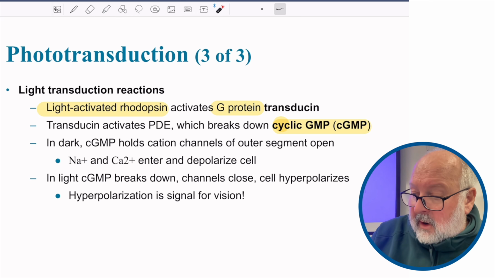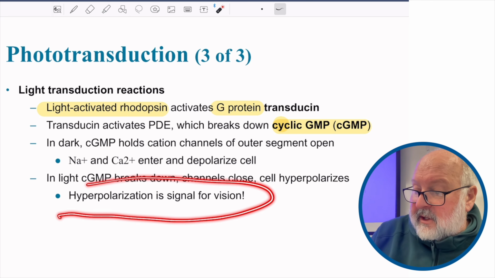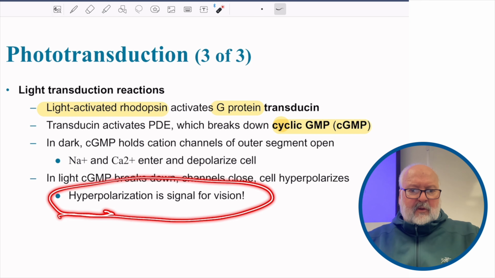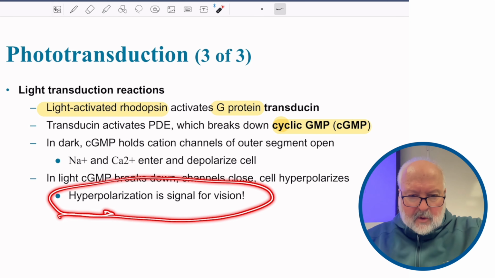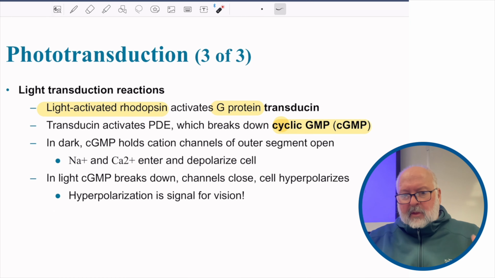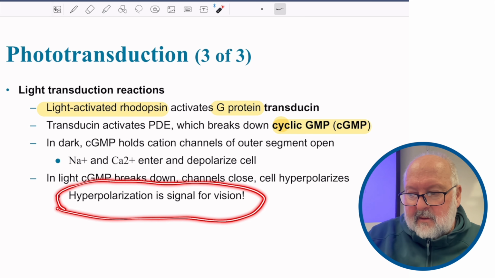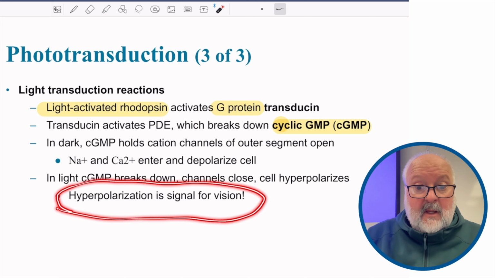Now it's kind of odd that hyperpolarization is a signal for vision. You would think you would depolarize to get things going, like to fire a neuron eventually. But the secret here is this hyperpolarization is going to turn off an inhibition, and we'll come to that.